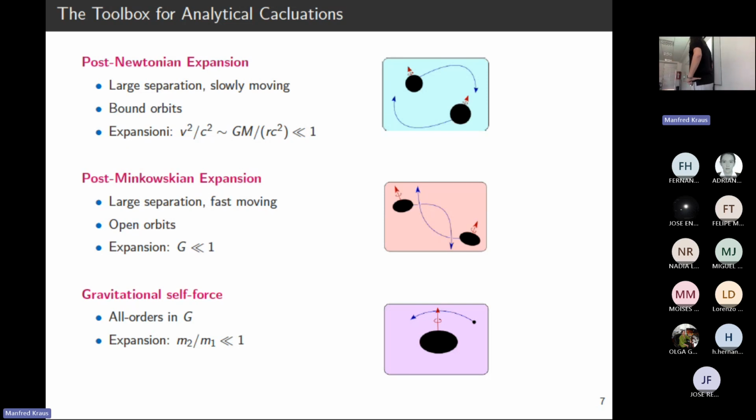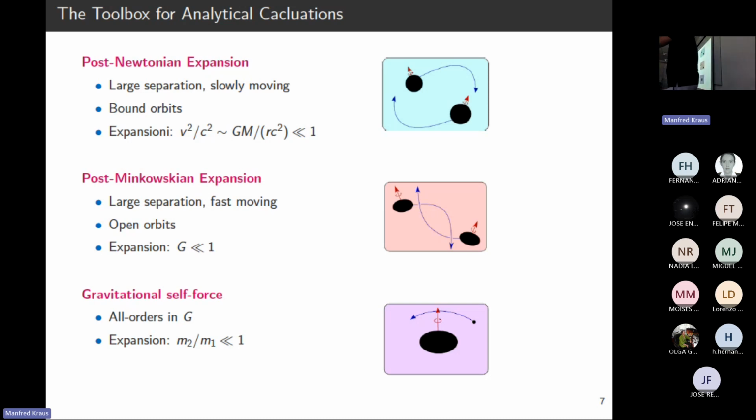This is just here for completeness. Here you can work to all orders in the Newton coupling, but you expand the theory in mass ratios, where one black hole is much heavier than the other. All of these are complementary, but what we will focus on in the following is the post-Minkowski expansion.